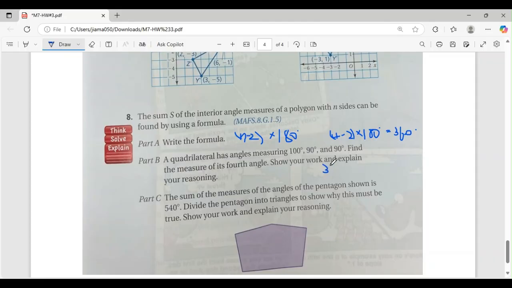Okay, so use 360 degrees minus 100 degrees minus 90 degrees minus 90 degrees equals 80 degrees.